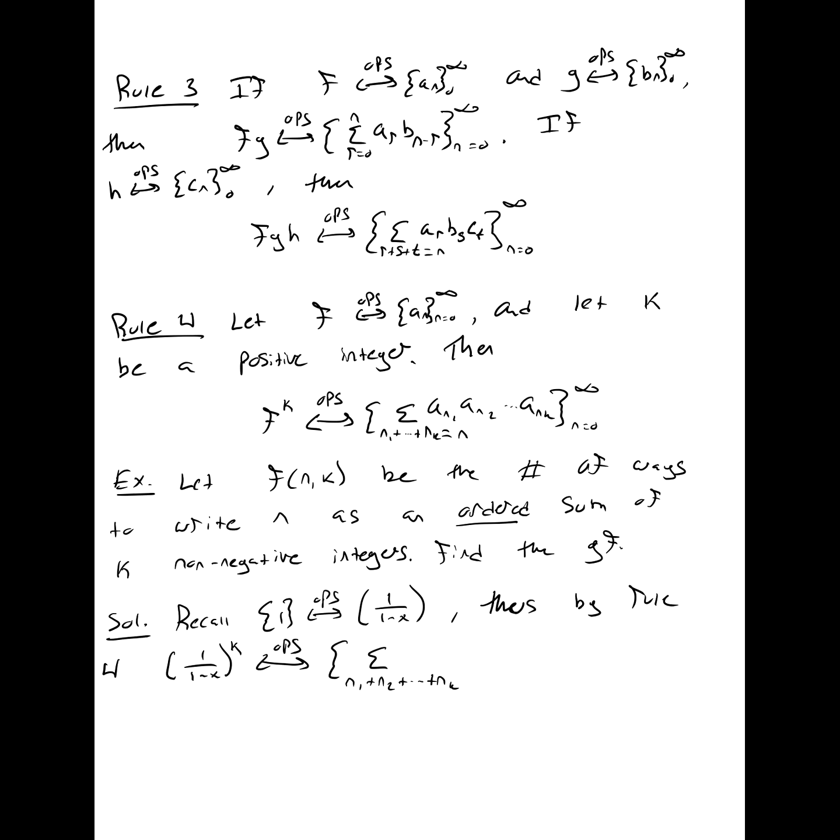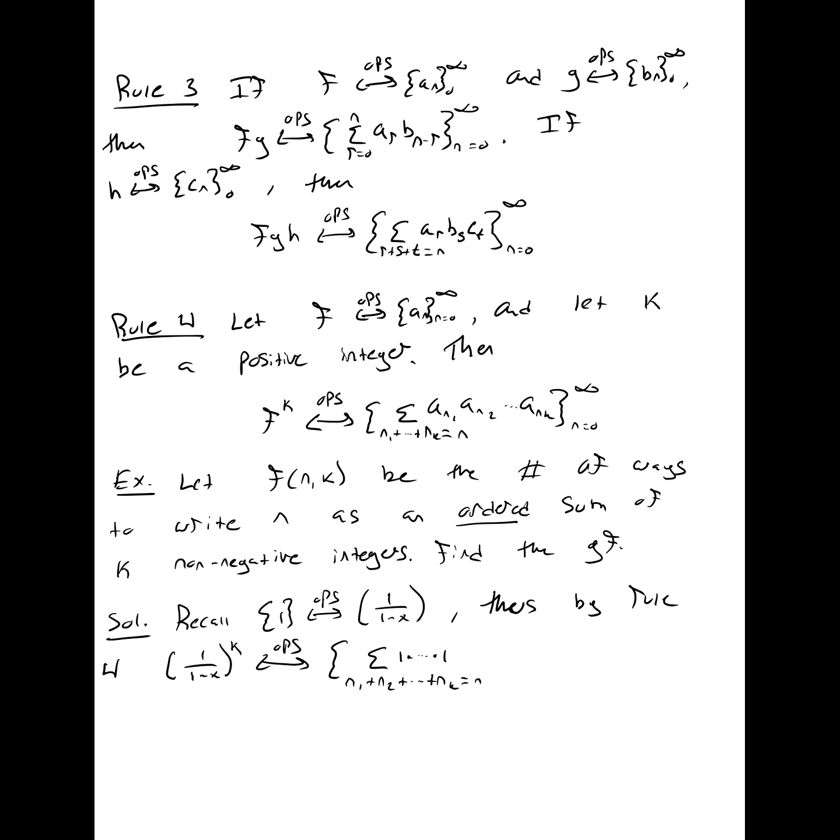Well, these are all of the indices of our sequence of ones. And all this is saying is that each time it's adding up to n, of 1 times ... times 1.